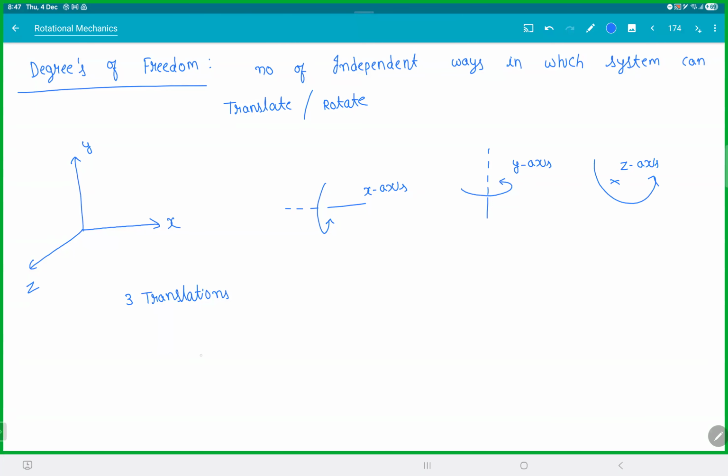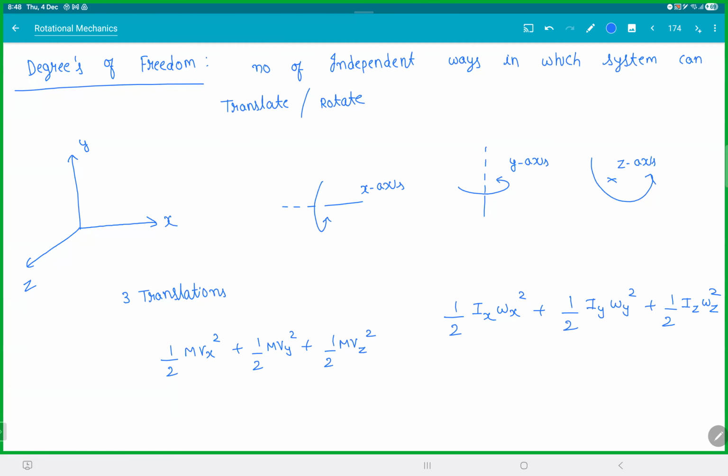The total kinetic energy will be half m vx square, half m vy square, half m vz square, plus half Ix, the moment of inertia about x, omega x square, half Iy omega y square, half Iz omega z square. So actually three rotational components.